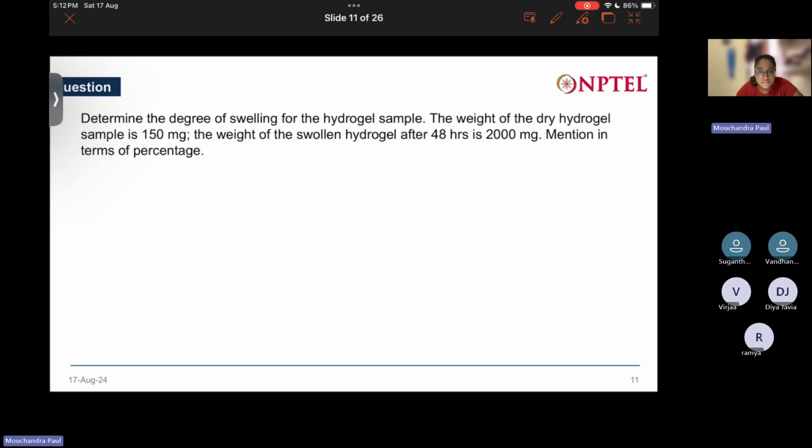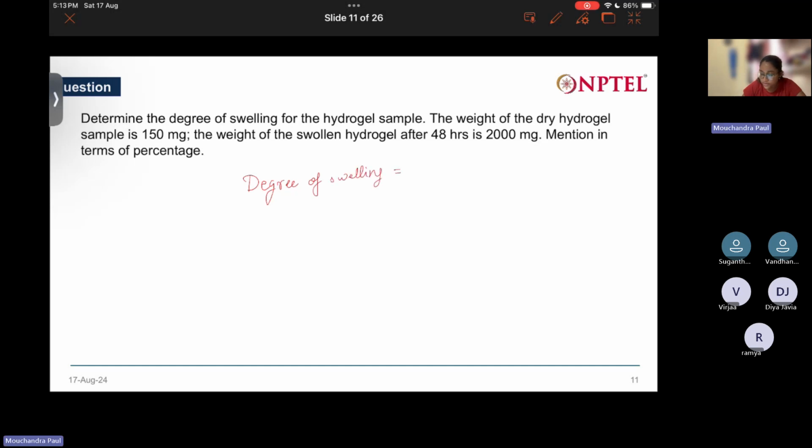Here is another question. Determine the degree of swelling for the hydrogel sample. So we have to calculate the degree of swelling. So how do you calculate degree of swelling? I guess in week 1 it was discussed.